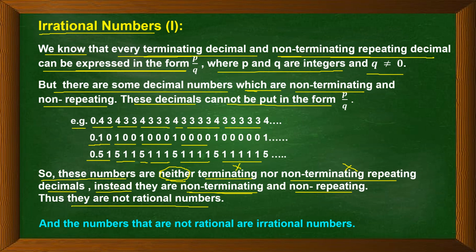Thus, they are not rational numbers. They cannot be put in the form of P by Q. And the numbers that are not rational numbers are what? Are irrational numbers, right?